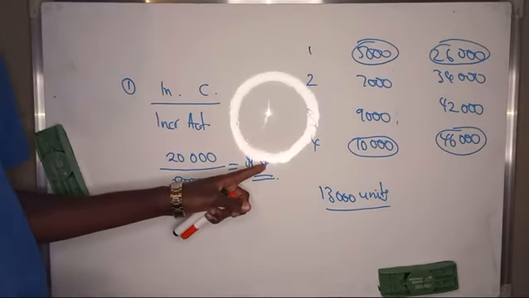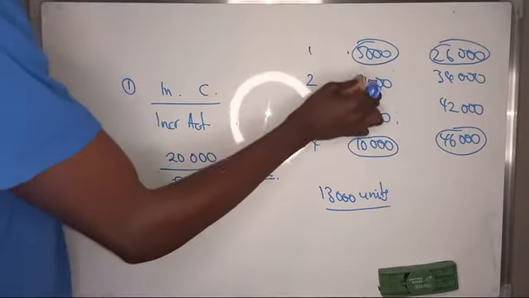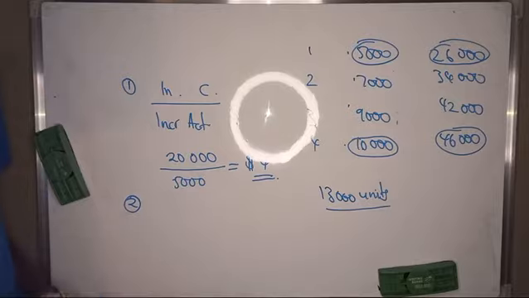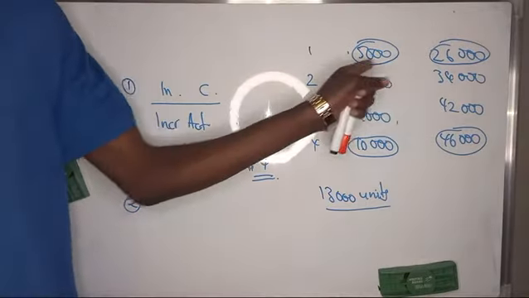Step number 2, we need to find the fixed costs. Since you already know the variable cost is $4 per unit, and fixed costs are fixed on all levels, you can pick any level to calculate them. The total cost at 5,000 units is 26,000.